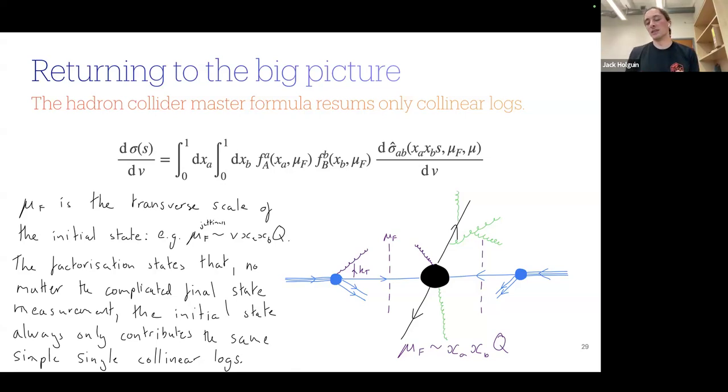Previously, without any knowledge of this master formula, we might worry that the protons would also see a log squared, or the whole thing would be really complicated and everything's mixed together. This formula is telling us that these log squared terms, which are known as Sudakov logs, only exist in stuff that's sensitive to the final state, and the protons obey a very simple single log evolution in the kt.